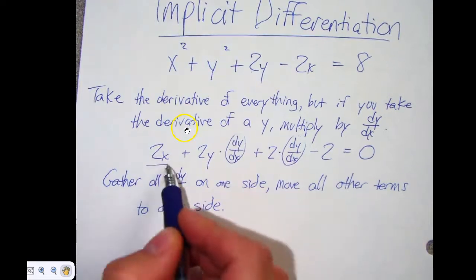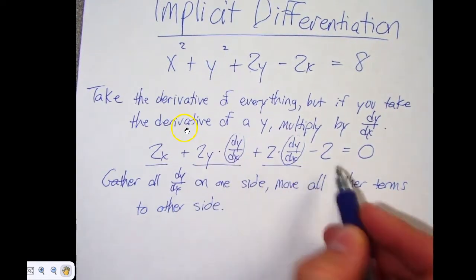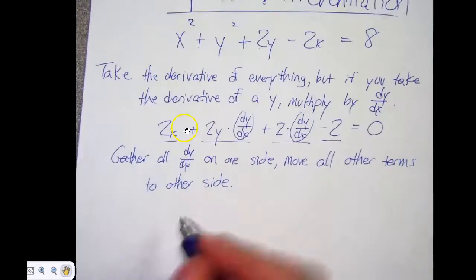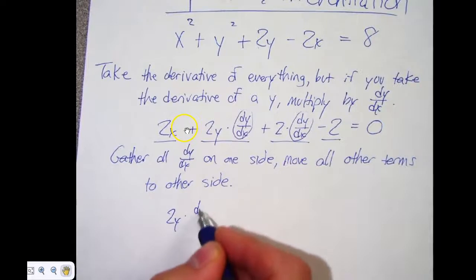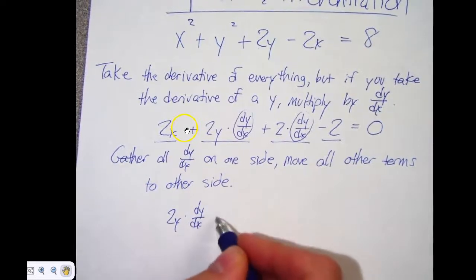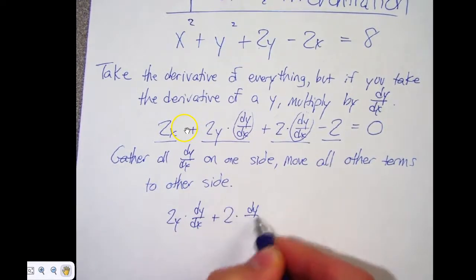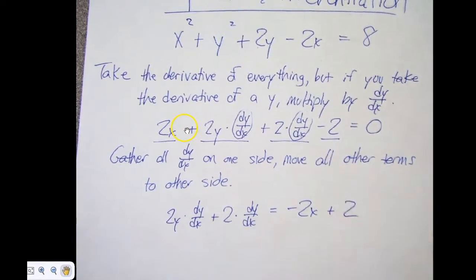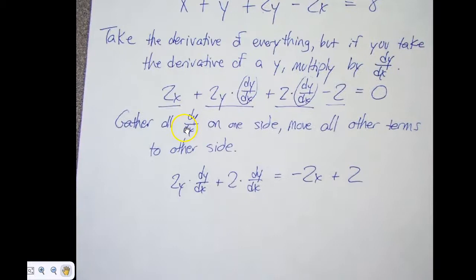So I have this, this, this, and this. The ones that have a dy dx are all on the left, so I'm just going to leave them there. And I'm going to take the 2 things that don't have a dy dx in them and move them to the other side. I would then end up with 2y times dy dx plus 2 times dy dx equals negative 2x plus 2. Because when I move those 2 things over, the signs would change, right?